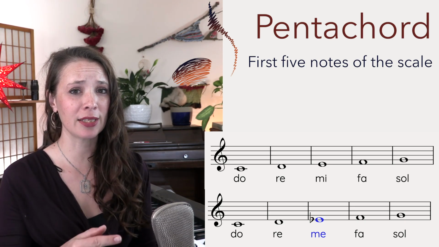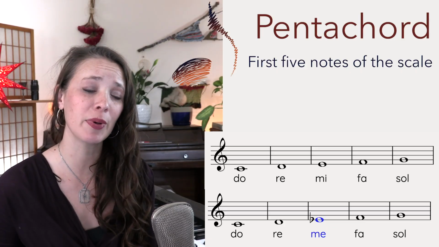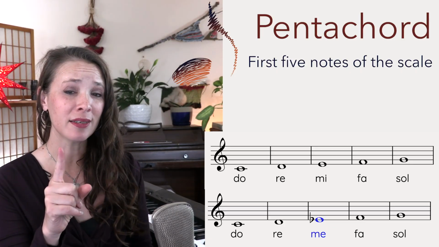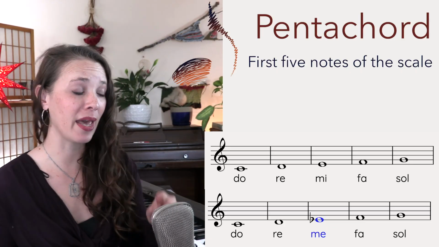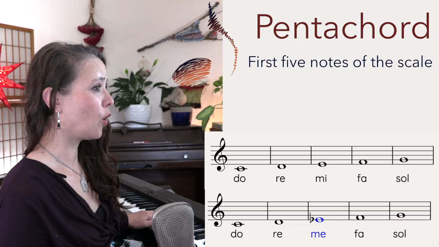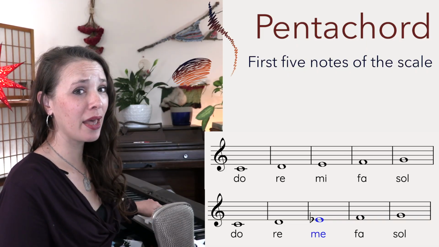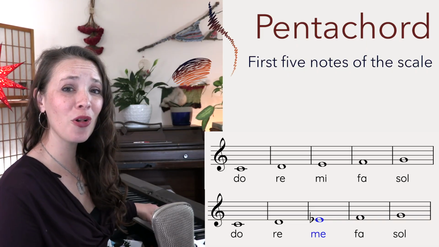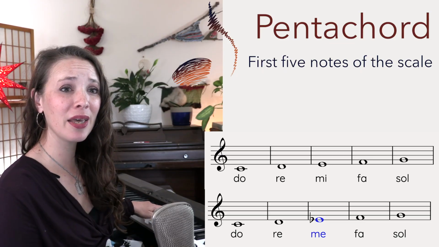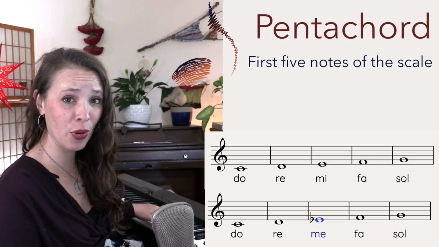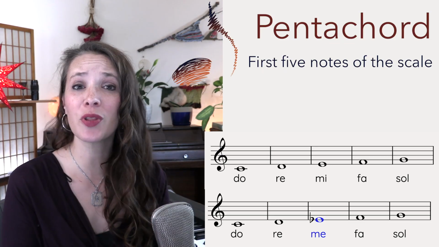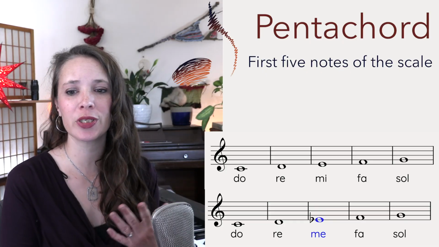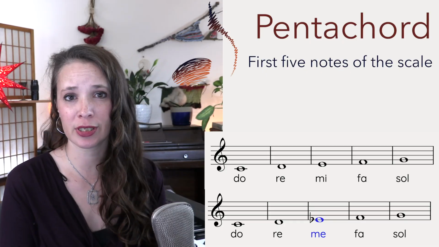In minor, that's going to get lowered by a half step. So our mi is going to become may. Do, re, may, fa, sol, fa, may, re, do. Okay, so that is our 2 pentachords, and we're going to use those for pitch dictation.